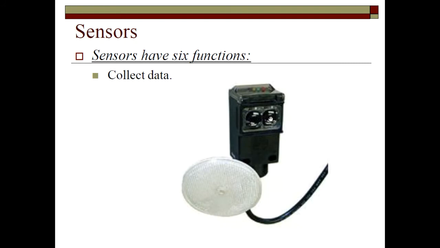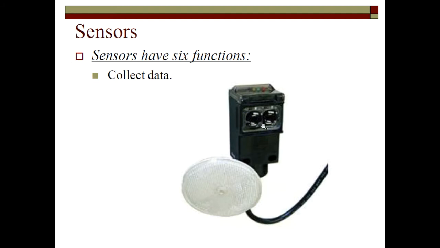But basically, the way this type of sensor works, one of these little lenses actually has a transmitter. So it's going to send out a light beam. And then what you would do is take this reflector and set it over here. So we send out a light beam, it hits the reflector, reflects back, and the other one of these is actually just a sensor looking for the reflection of that light beam.